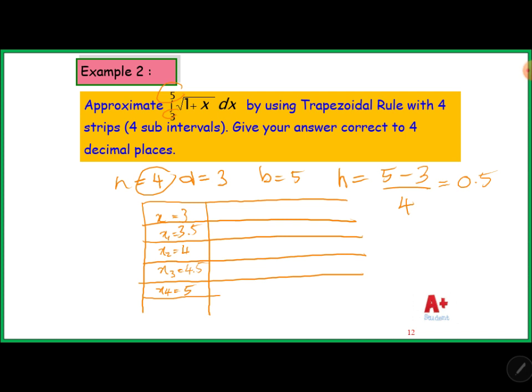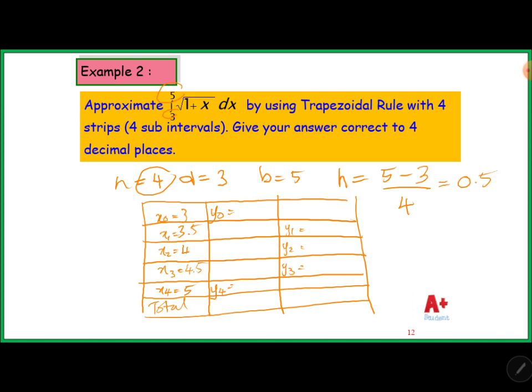So we can stop here, and then the last row should be the total. What I should do is divide this into 2 columns. So y0 and yn, which is y4, should be in the first column, and the other 3, which are y1, y2, y3, should be in the second column. As I said in the first example, for the Newton-Raphson, we can use the calculator to directly calculate these values.